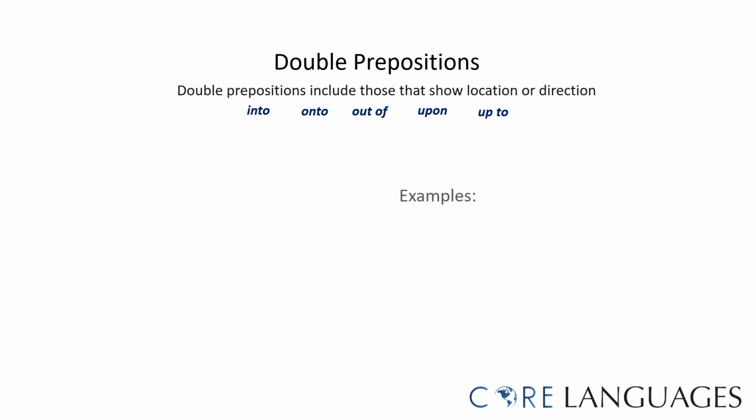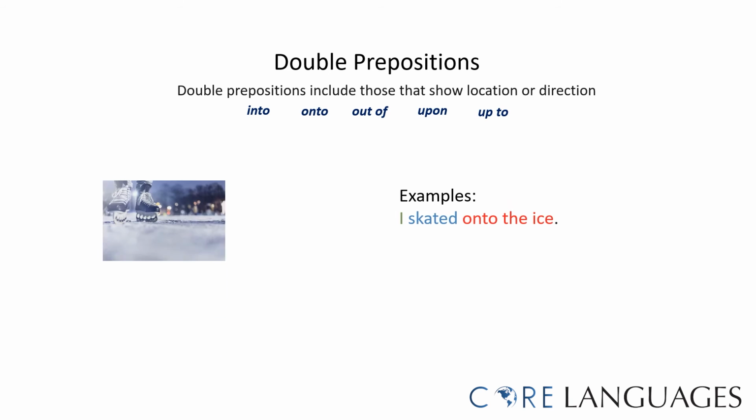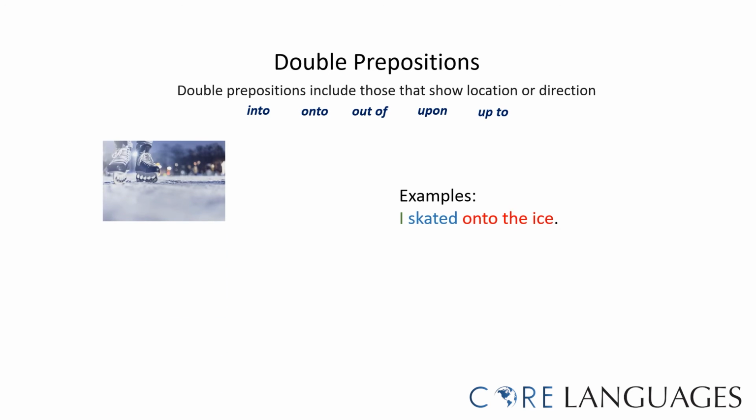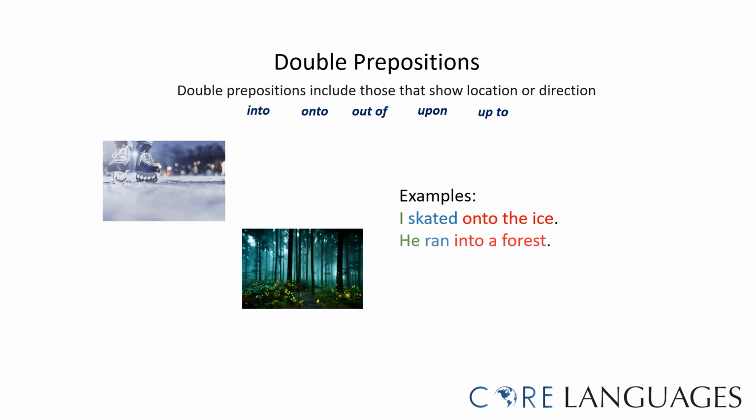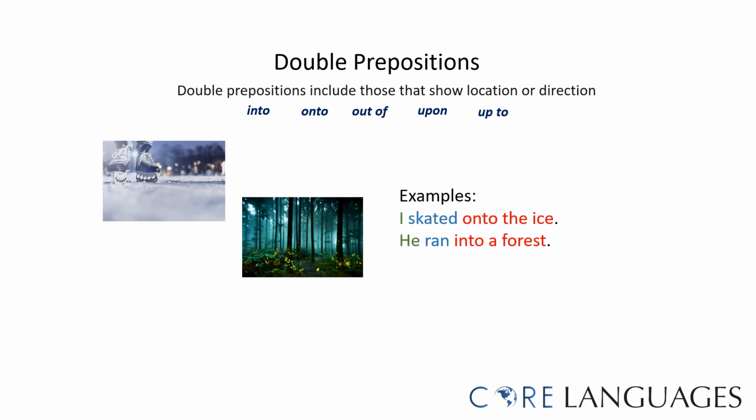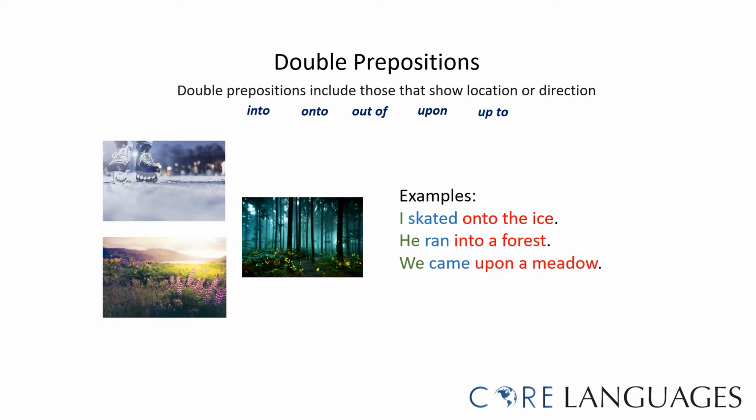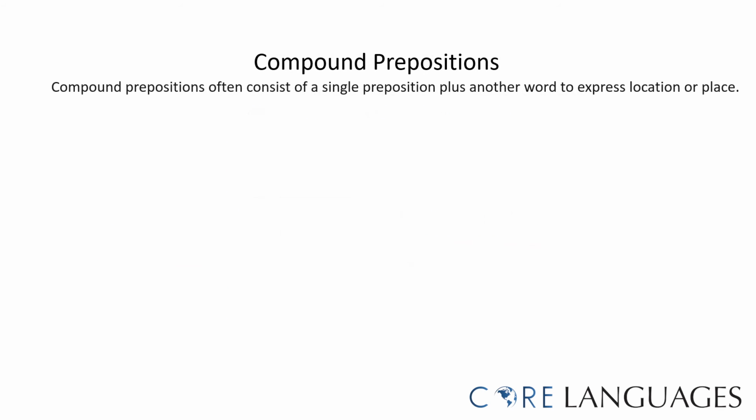Here are some example sentences. I skated onto the ice. He ran into a forest. We came upon a meadow. Compound prepositions are also used to express location or place.